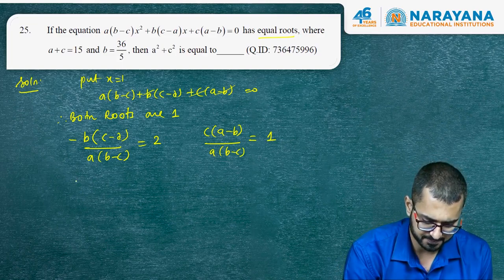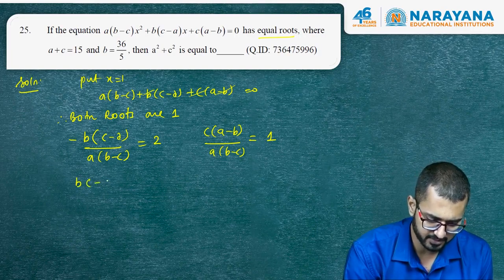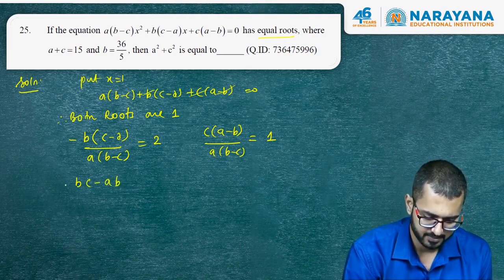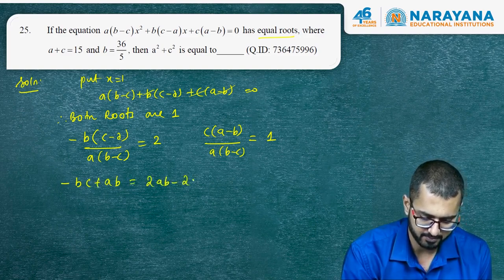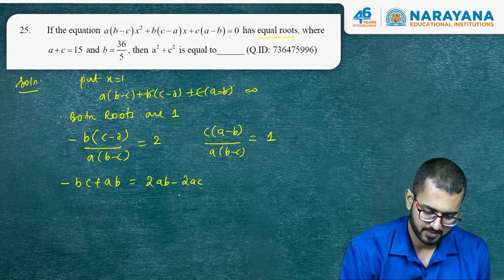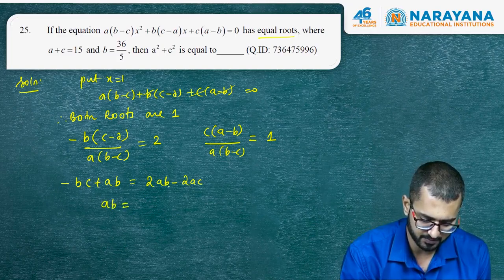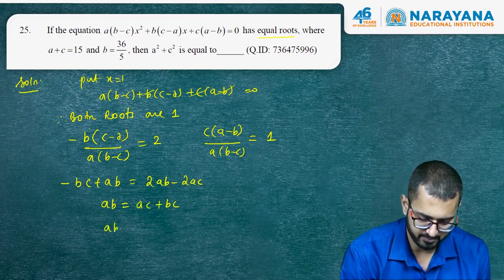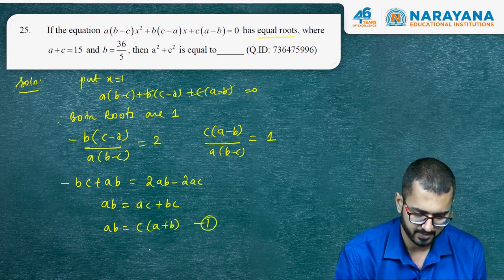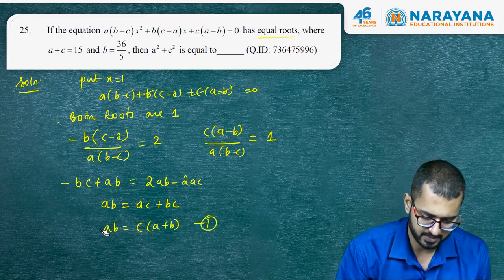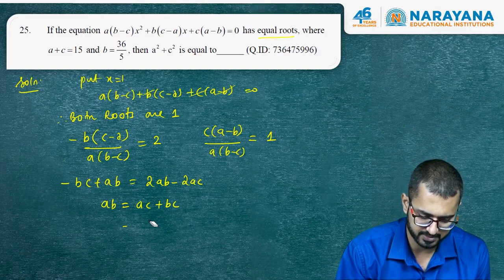So I'll be having here bc minus ab, yeah, it should be minus bc plus ab is equal to 2ab minus 2ac. So from here we can write AB is equal to AC plus BC. Actually, let's simplify again.